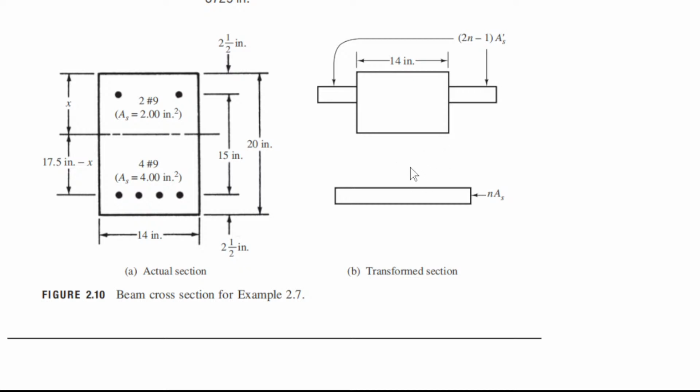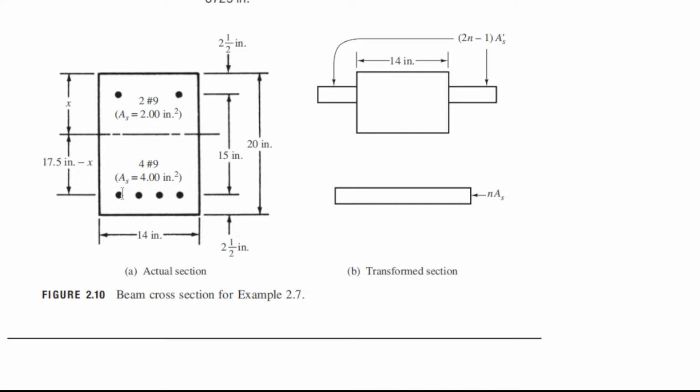Because we are looking at the crack model. The concrete participation on this tension side is negligible because it is already cracked. The crack is already up to the neutral axis, from the extreme tension fiber to the neutral axis. So the remaining material is the tensile strength of the bottom bars.